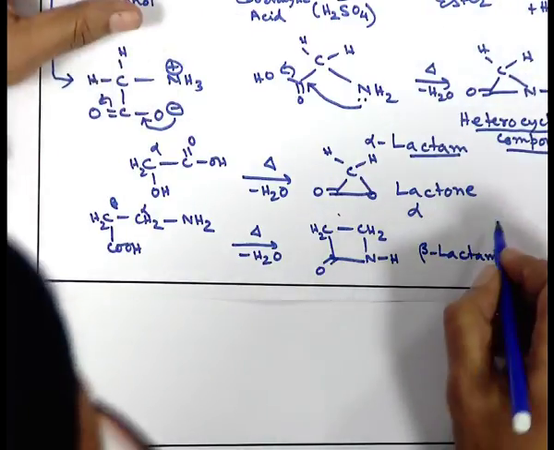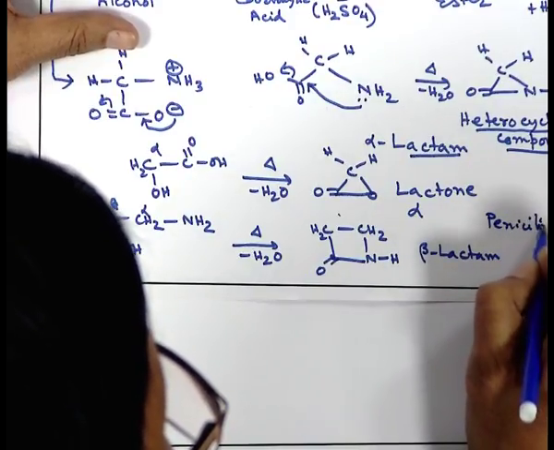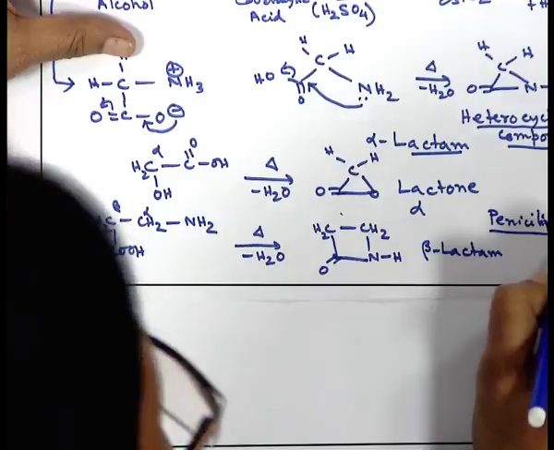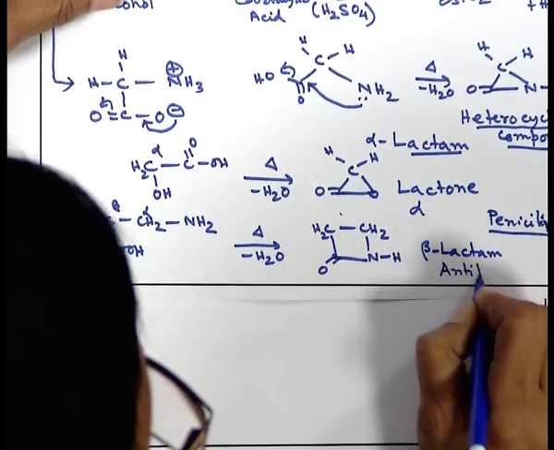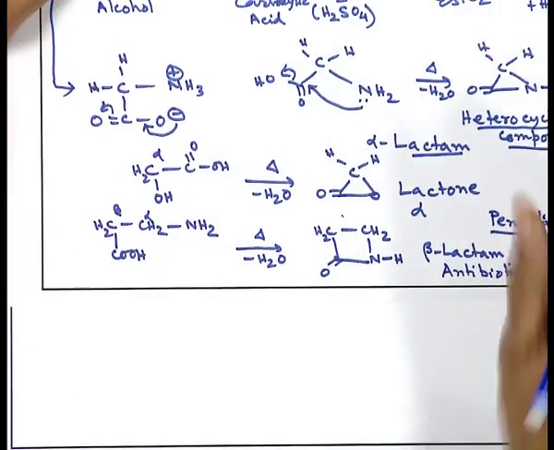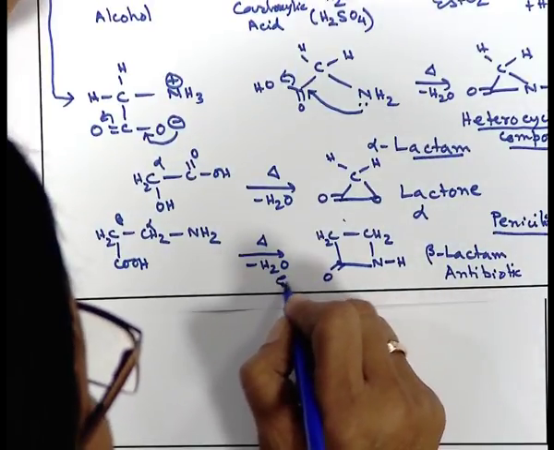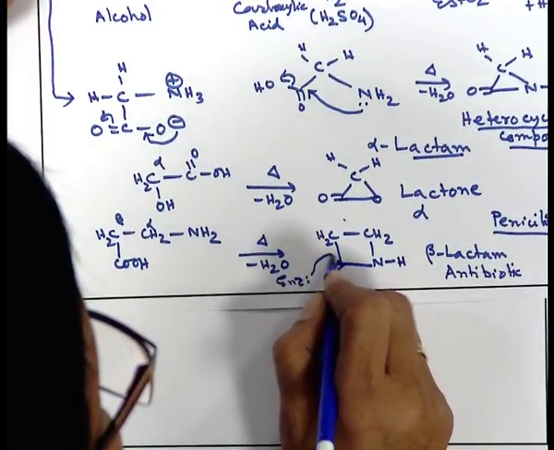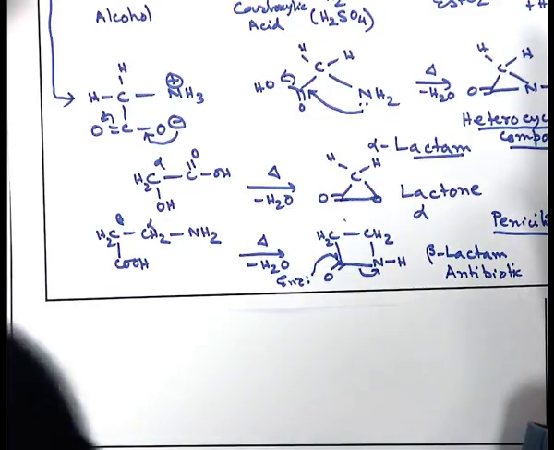One of them is penicillin, and you know penicillin is an antibiotic. So, the antibiotic activity is because of the opening up of the lactam ring, where the enzyme comes and opens up the carbon nitrogen bond, and beta lactamase is the enzyme which helps.